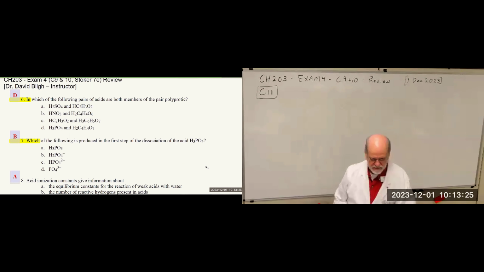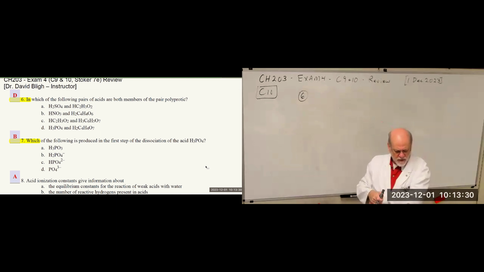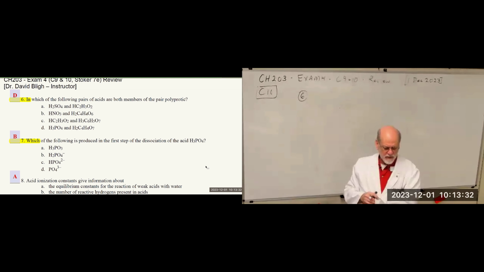All right, 6. Which of the following pairs of acids are both members of the pair polyprotic? Polyprotic just means that there are 2 or more ionizable hydrogens.